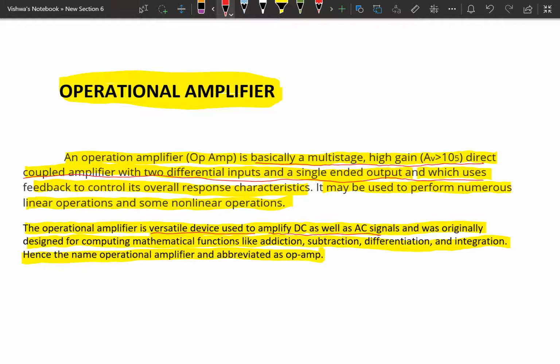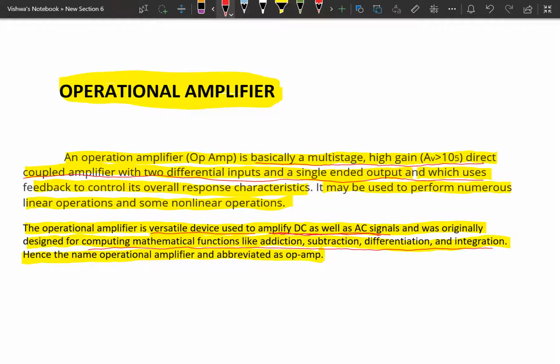By using an operational amplifier, we can amplify both DC as well as AC signals, and it was originally designed for computing mathematical functions like addition, subtraction, differentiation and integration. Actually the basic concept to fabricate these operational amplifiers is for mathematical computation. In World War II they required such operations to draw the trajectories.